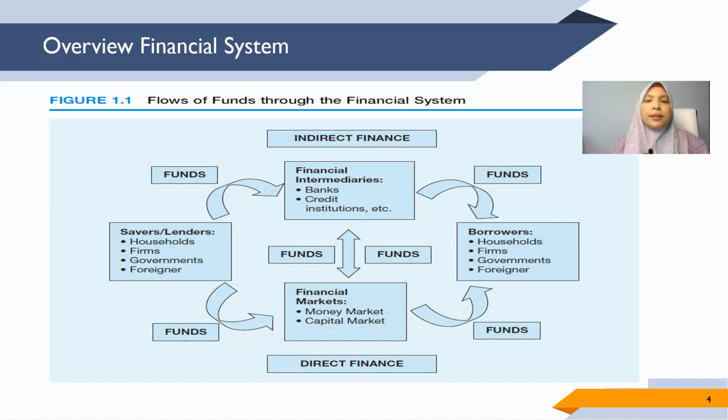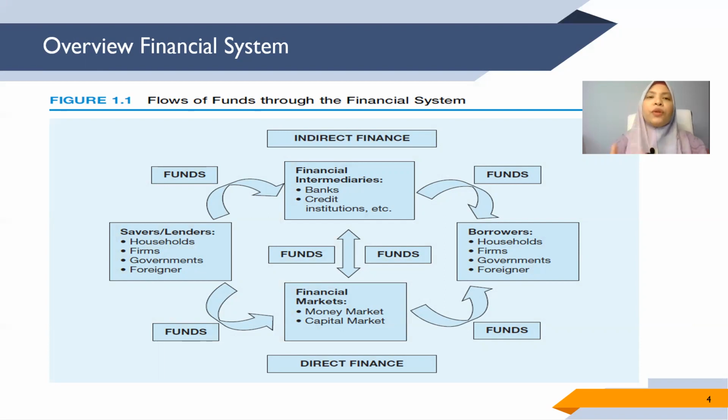The borrower can be the same persons also. It can be a household, a firm, a government, and also a foreigner. For example, when the government needs money because they are lacking in funding, they will issue a sukuk or a bond toward the market. So the savers who have a surplus will subscribe to the bond.